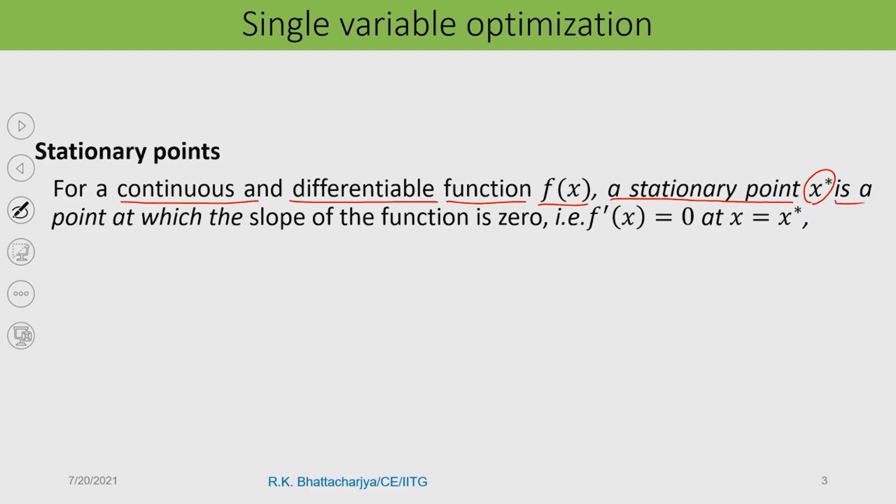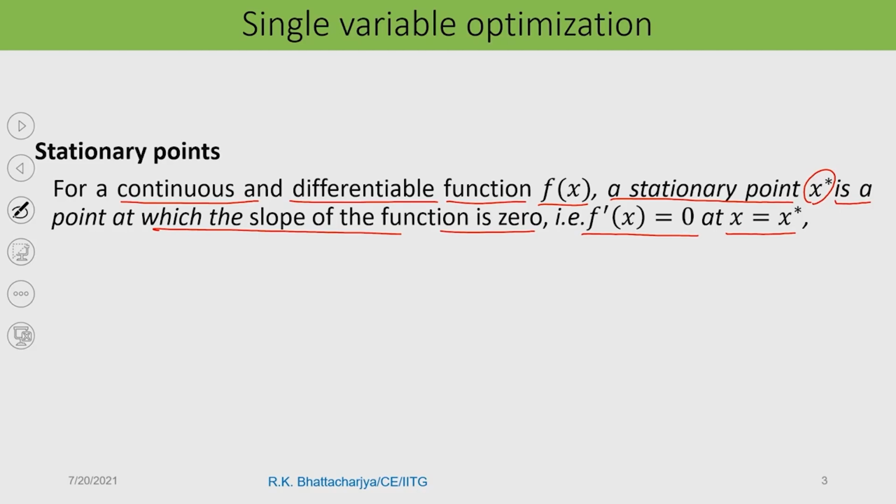A stationary point x* is a point at which the slope of the function is 0. That means the first derivative is 0 at x equal to x*. Otherwise, if the first derivative is 0, that means the slope of the function is 0 at x*, and in that case x* is a stationary point.